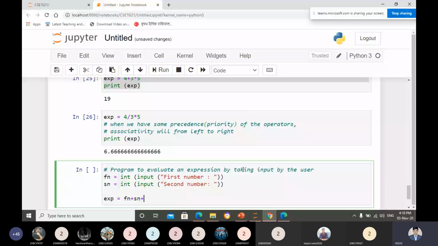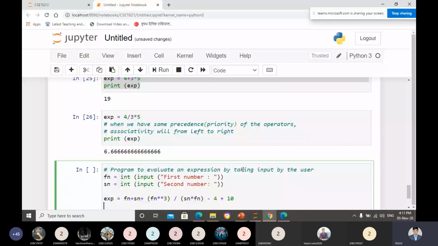plus sn plus fn, and division by, again I'm taking the expression part, sn multiply fn, and then just again outside I can minus 4 and plus 10 something.